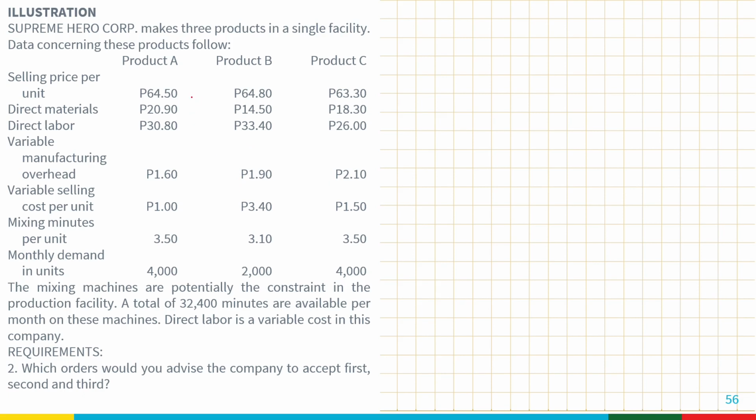Okay, so we're gonna divide these two. First, let's enter here or write here the selling price per unit. We have A, B, and C.